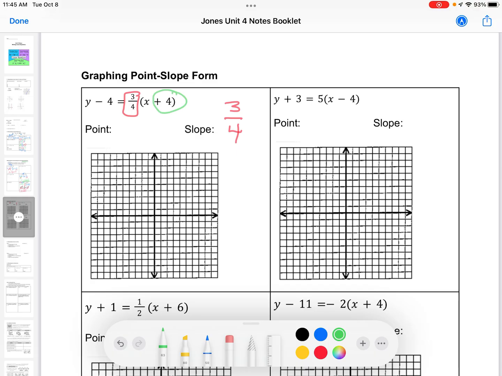So your x value is -4, your y value is +4, and then now we graph it by starting at the point -4, +4, and then counting your slope. It's a positive slope, so from this point, I'm going to go up 3/4, and there's my line.